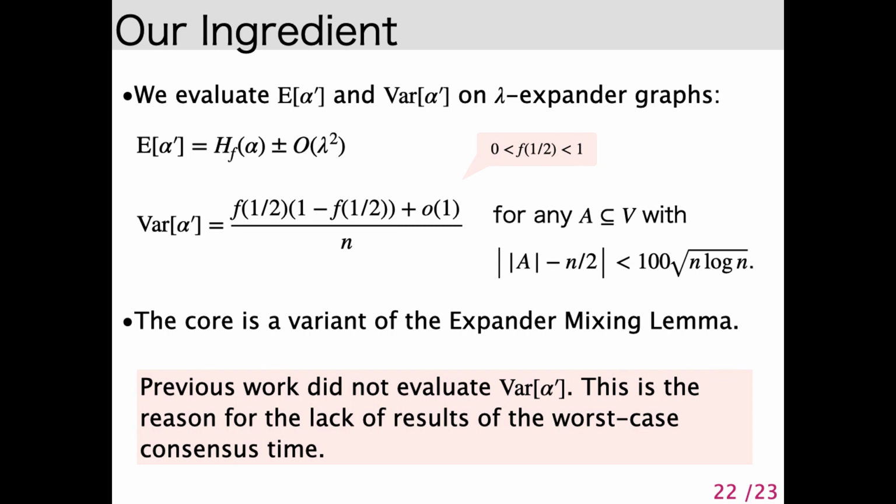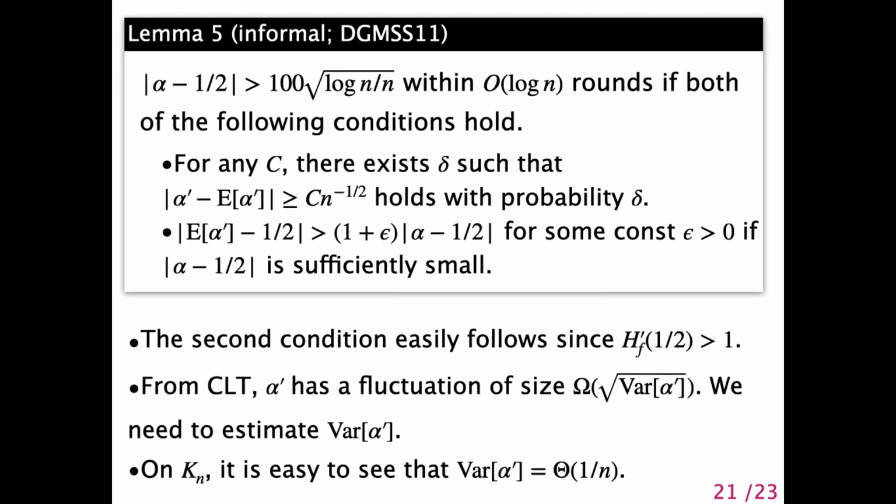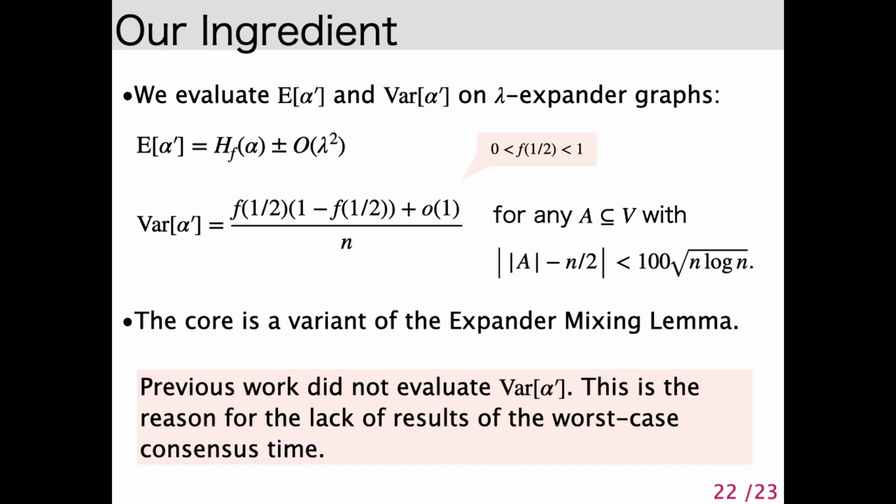In the expectation, the additive gap is order lambda squared. And if this gap is less than 1 over square root of n, then we can apply the result in the previous slide. The core of the proof of the estimation is a variant of the expander mixing lemma.